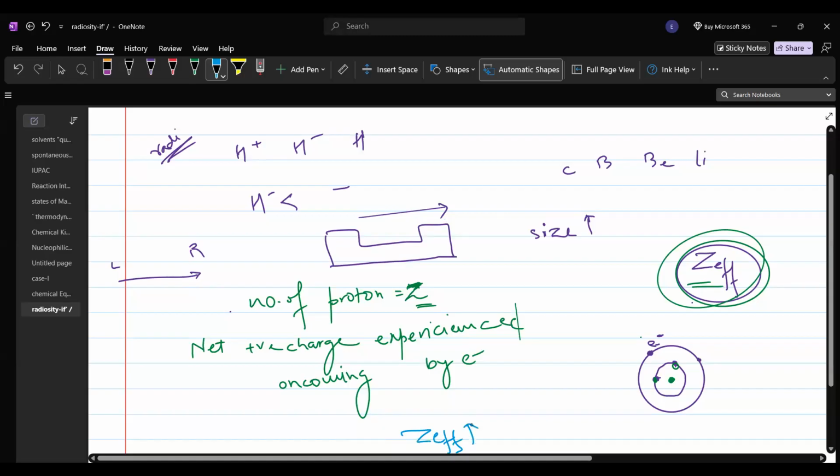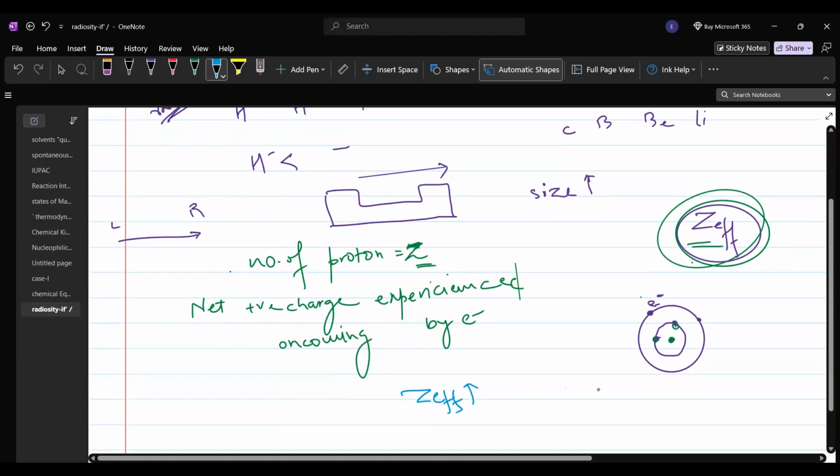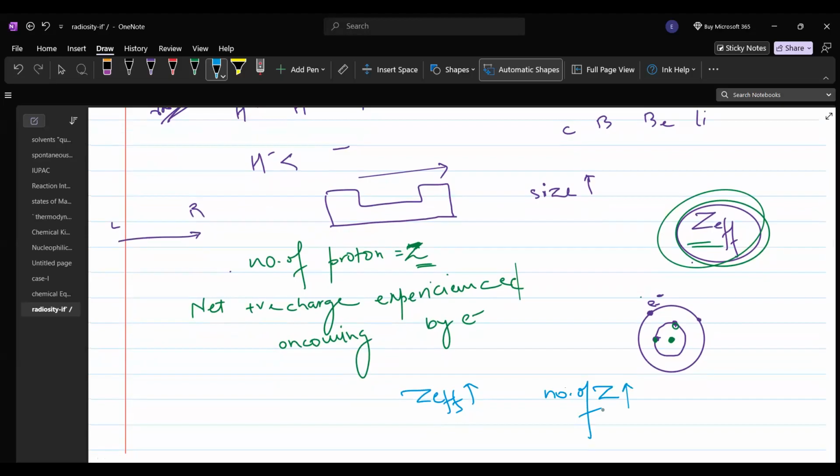Why is it increasing? As the number of Z is increasing, right? The number of electrons is also increasing, but the number of this Z is increasing.